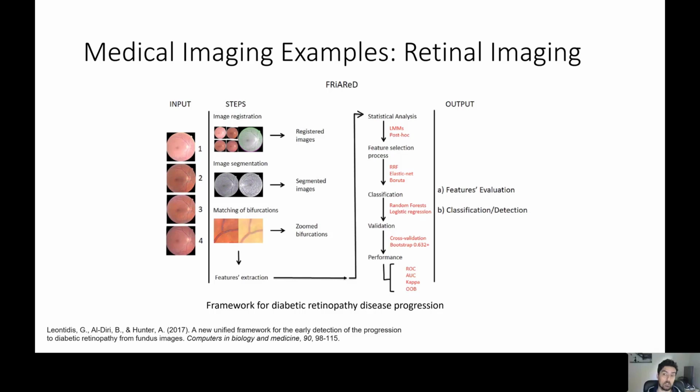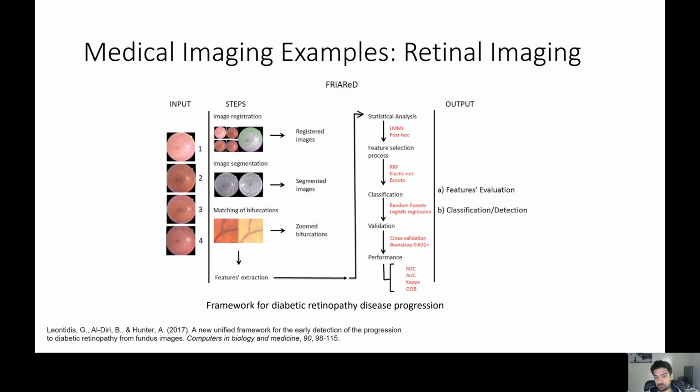So nothing is guaranteed, but at least you can achieve a very good performance. So in this example and in this study, we had a very good performance with 95–96% of accuracy on detecting the different stages of diabetic retinopathy.